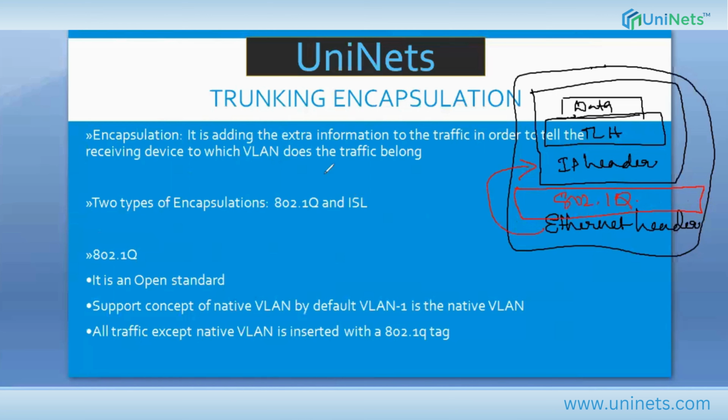And that is why 802.1q is called internal tagging, because it is encapsulated inside the frame, in between the frame. And what is the size of this? Only 4 bytes. If it is ISL, observe this green, it will be over this Ethernet header.